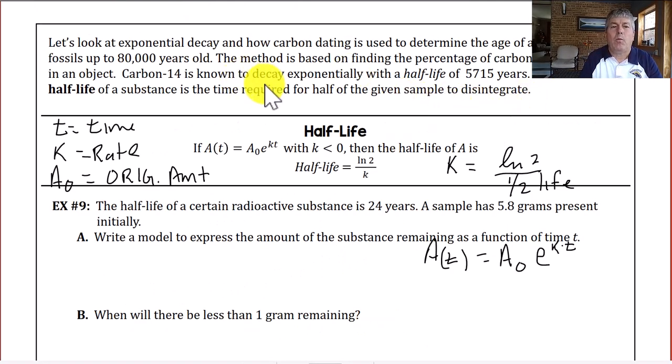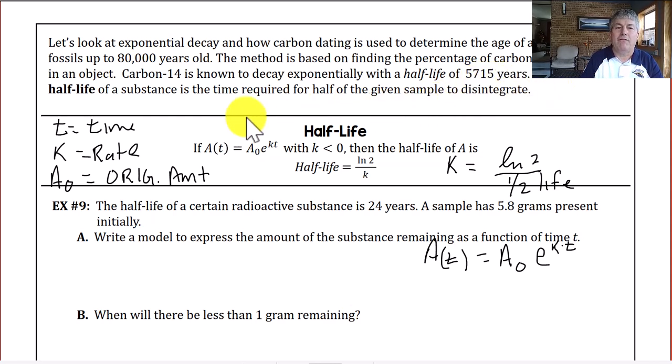In this example, we're going to look at half-lives or exponential decay, and we've seen in carbon dating that they use half-life to find the age of fossils up to 80,000 years old. This method is based on finding the percentage of carbon-14 in an item, and carbon-14 has a half-life of 5,715 years.